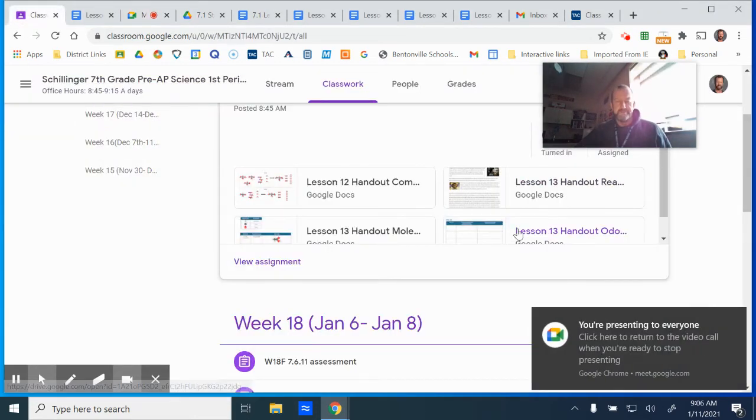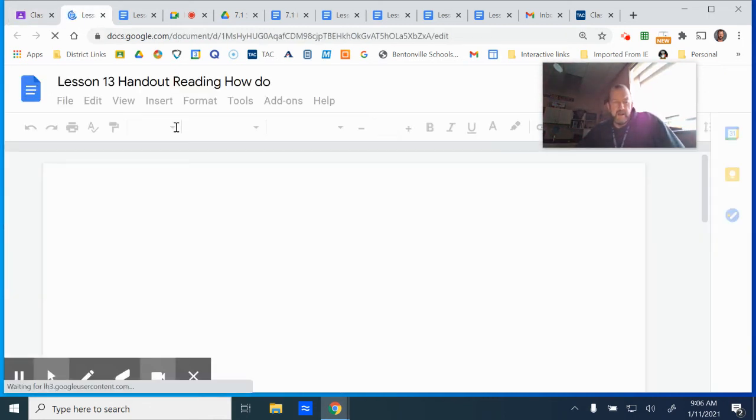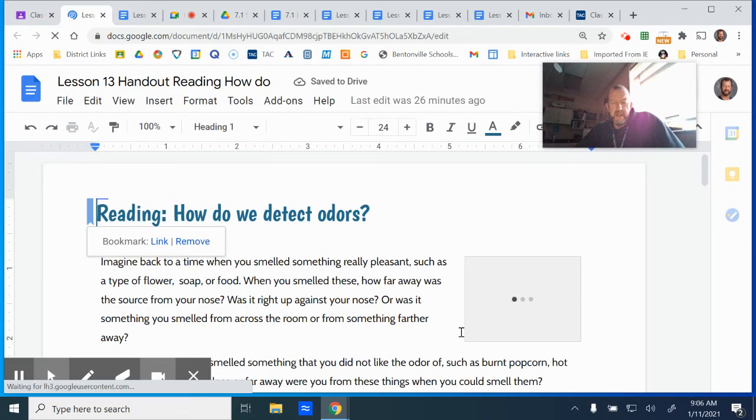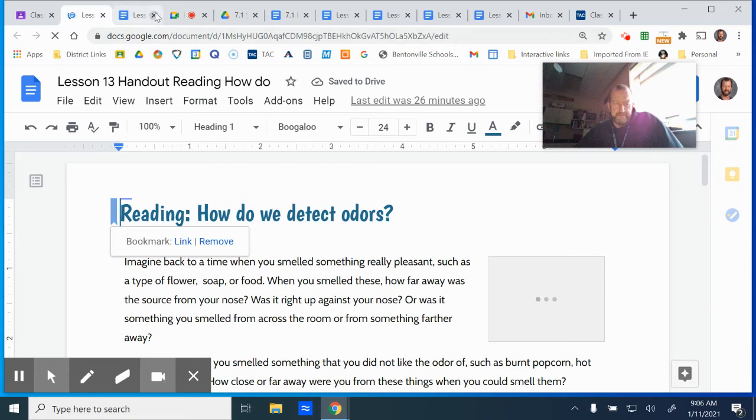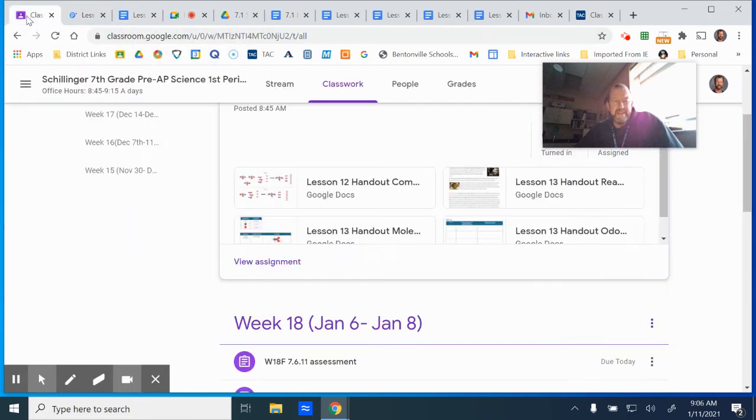What I want you to do is there is a handout on how do we detect odors. I want you to read this handout. And then, and this is what's going to be really difficult, I want you to go around your house and see if you can find the following things: vinegar, mentholatum, if you have a menthol cough drop, or Vicks Vapor Rub, something like that.